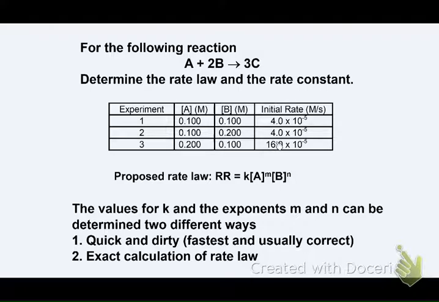So I know just by looking at it that this is 0 and this is 2. And so I know the rate law. That's how you do it. You look at how the concentration changes, and you look at how the rate changes, and you figure out what the orders are. And that's how you figure out the rate law.